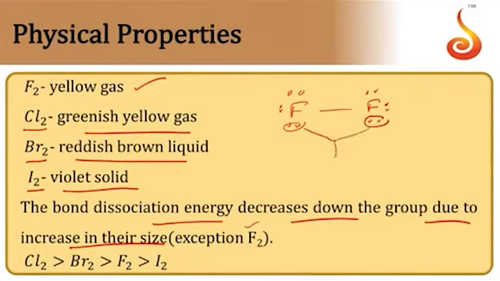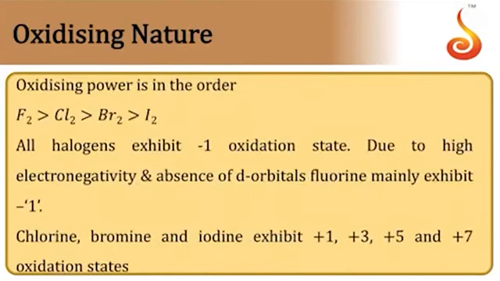So repulsive force present between these two will decrease the bond strength. So exception is fluorine. Fluorine is having lesser value. That is because of small size, non-bonding pairs undergo more repulsions, and repulsive force decreases the bond strength in this. So order of the bond enthalpies are chlorine more than bromine, then comes fluorine, and then iodine we have.